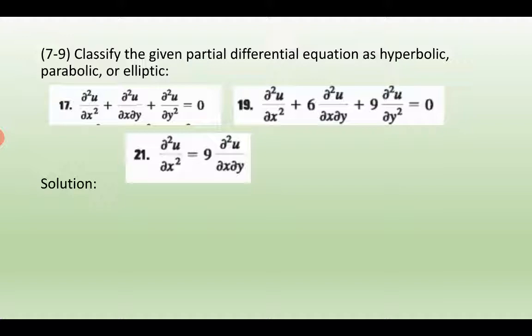Classify the given equations. Now classification, we have three classifications: hyperbolic, parabolic, elliptic. There are three cases to be carefully addressed, and we should remember the conditions. What are the conditions?